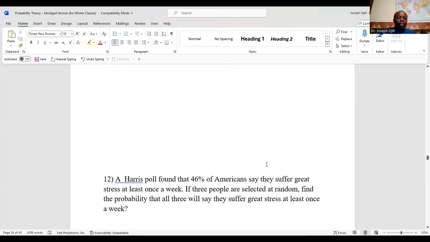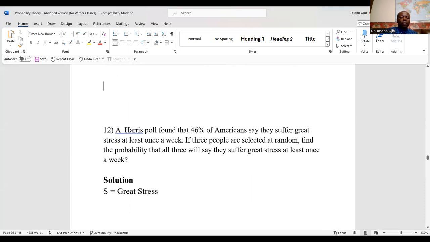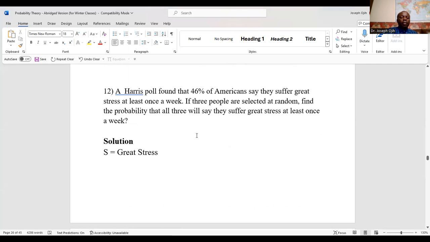Excellent. Now let's look at this one then. It says here a Harris poll found that 46% of Americans say that they suffer great stress at least once a week. If 3 people are selected at random, find the probability that all 3 will say they suffer great stress at least once a week.